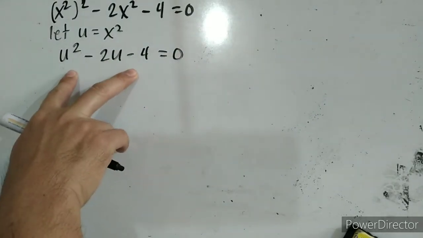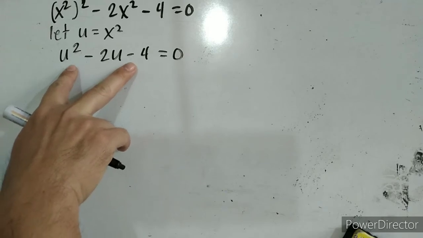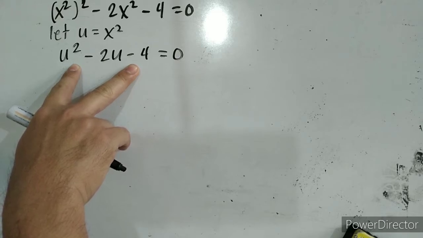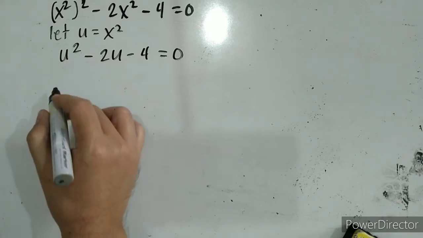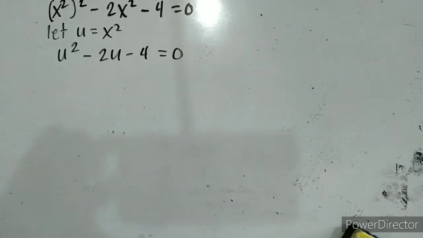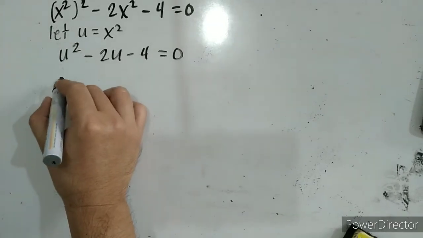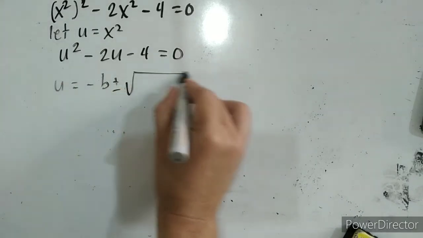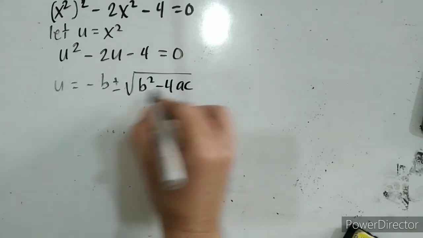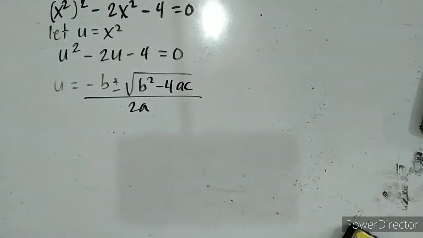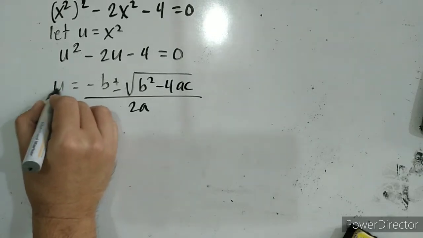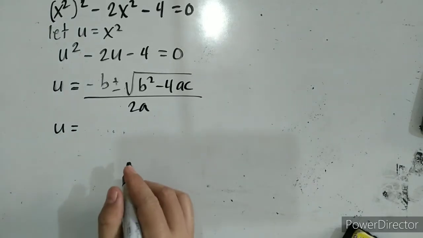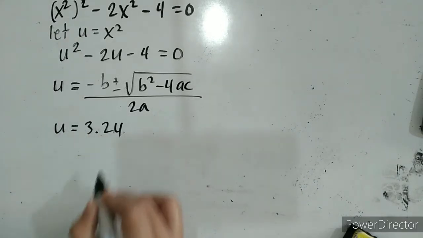Taking the value of u using the quadratic formula, u equals negative b plus or minus square root of b squared minus 4ac over 2a, or you can simply use your calculators. Using your calculator, you get a value of u which is equal to 3.24.